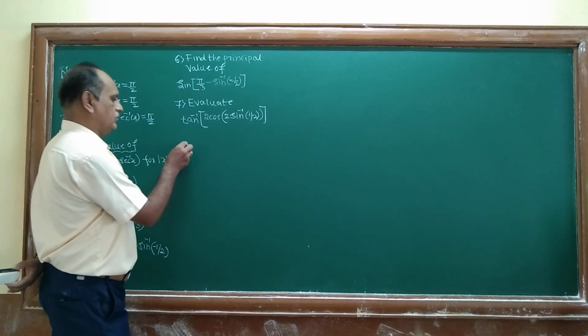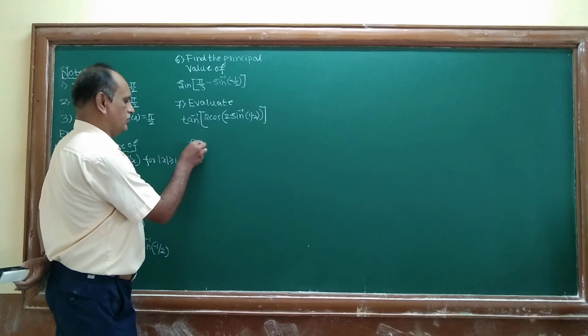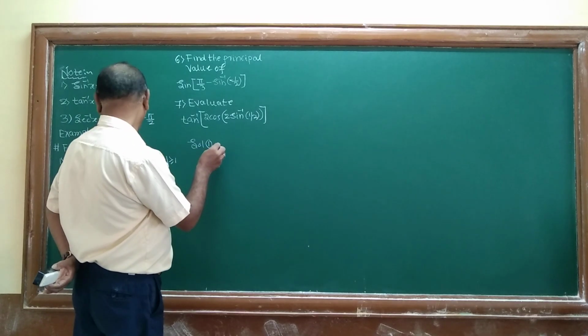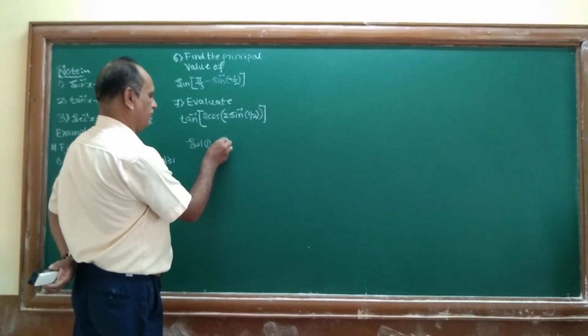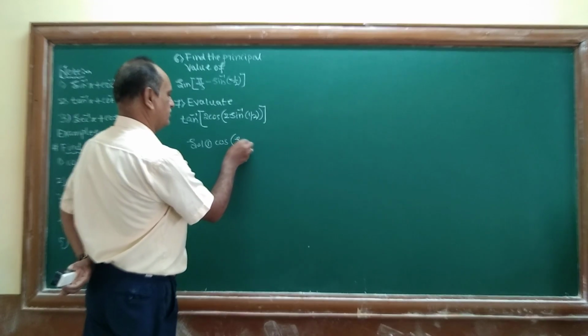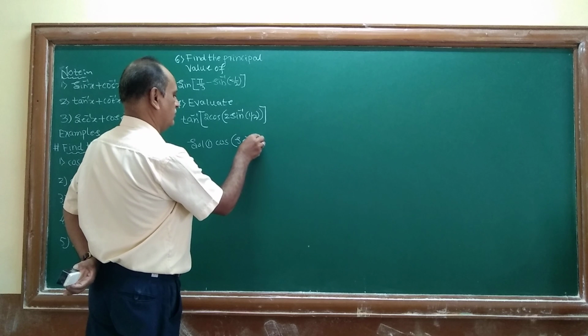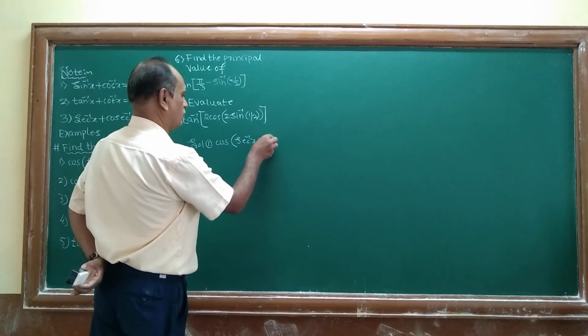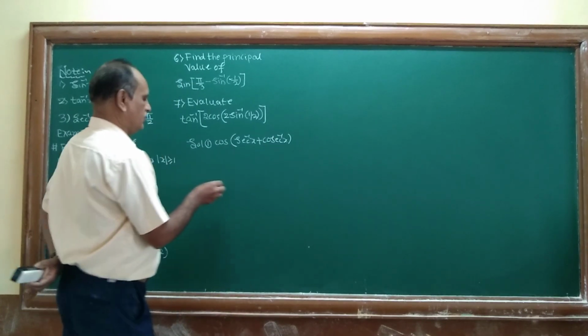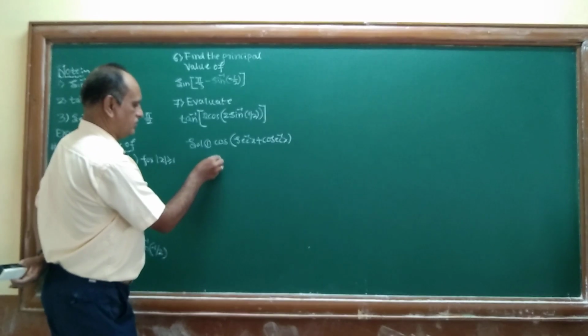So the solution for the first one is cos of sec inverse x plus cosec inverse x. Keep cos as it is.